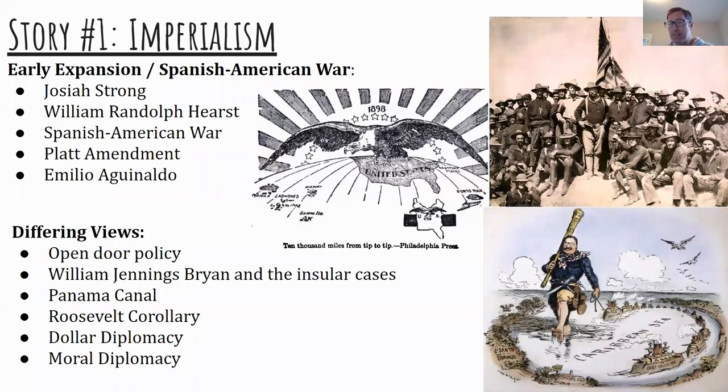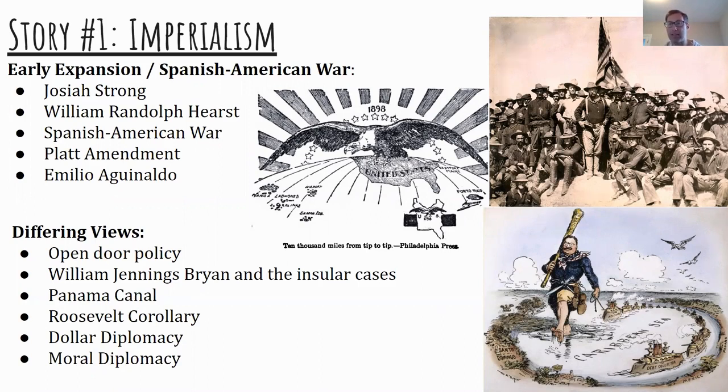Now, it is important to note that not every single person in America was imperialist, that there were plenty of people that opposed America's expansion in the world, saw imperialism as the opposite of what we were supposed to value as a country, that we were abandoning our anti-colonization views, our views of trying to promote independence around the country.